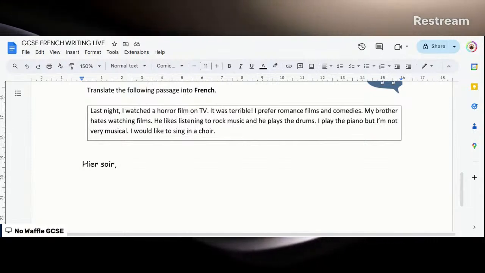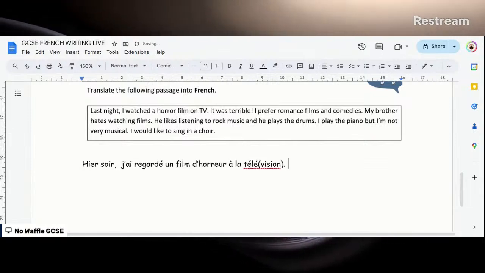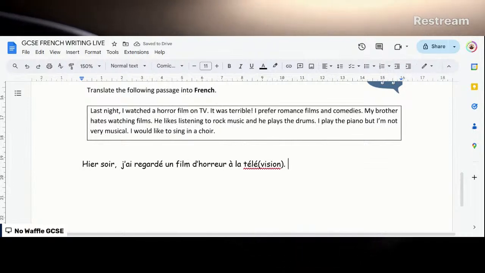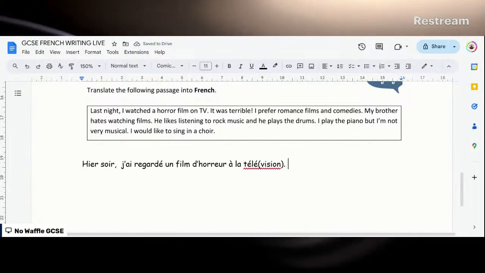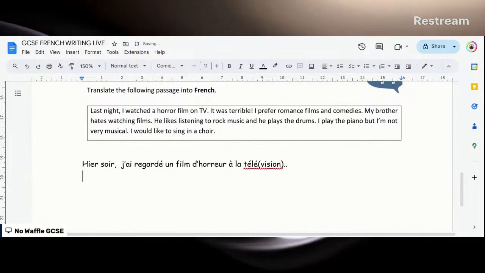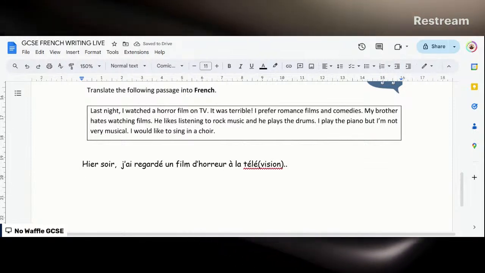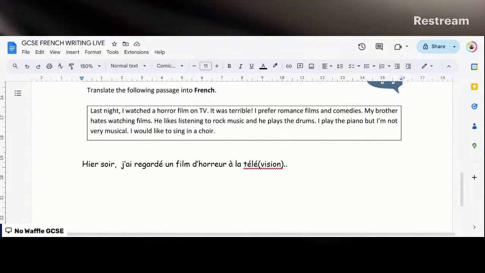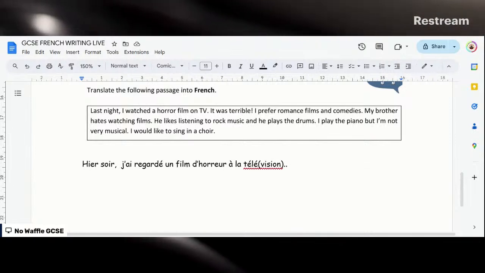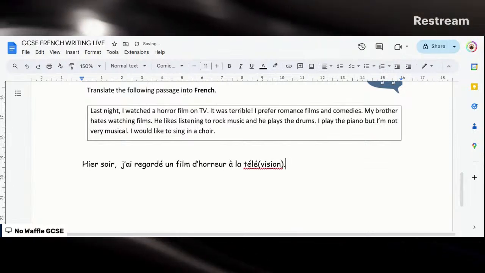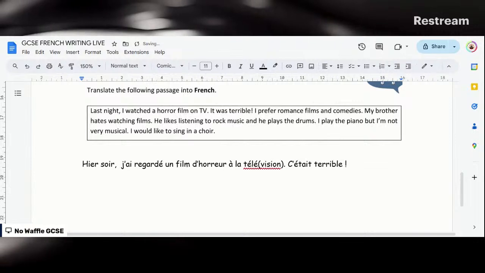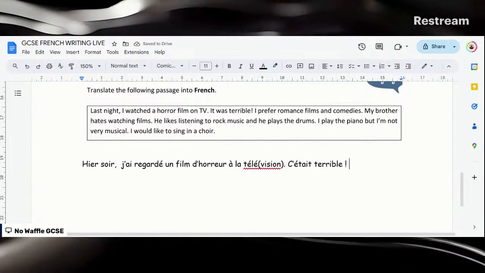J'ai regardé un film d'horreur à la télévision. À la télé or à la télévision. It's up to you. It was horrible. Or it was terrible, sorry. So c'était terrible. So instead of c'est, you've got the imperfect version of that, and then terrible.